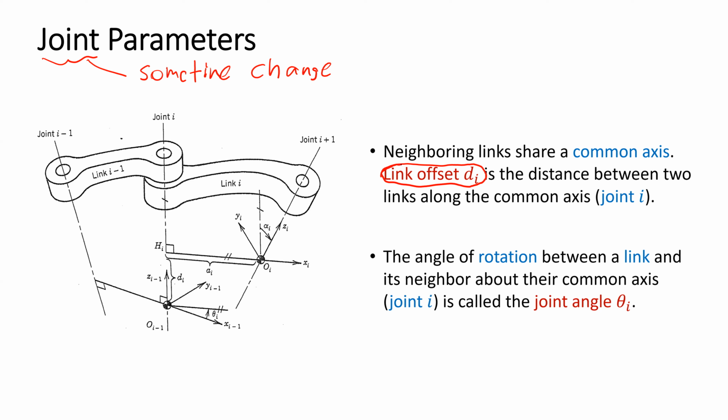The link offset applies when link I and link I minus 1 share the common axis, or share the joint I. The link offset means the distance between link I and link I minus 1 along the common axis.